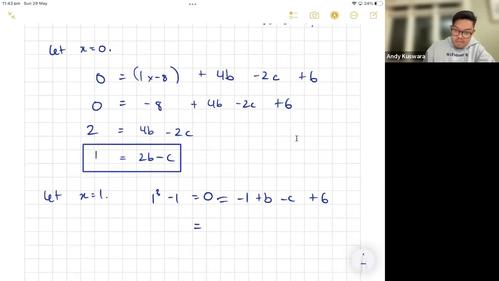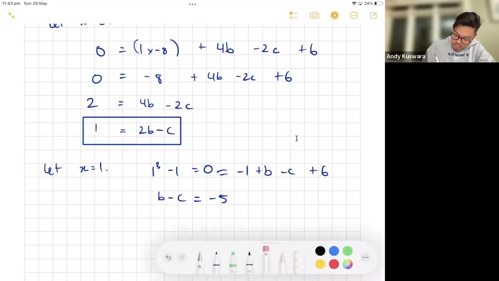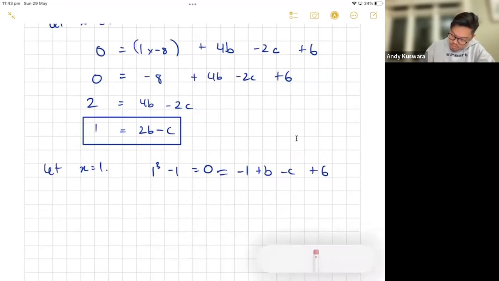So from here, rearranging, what you should get is b minus c equals -5, because -1 plus 6. Then I'll just move the -5 to the other side. So maybe the better way to write this would be b minus c equals -5 that way.